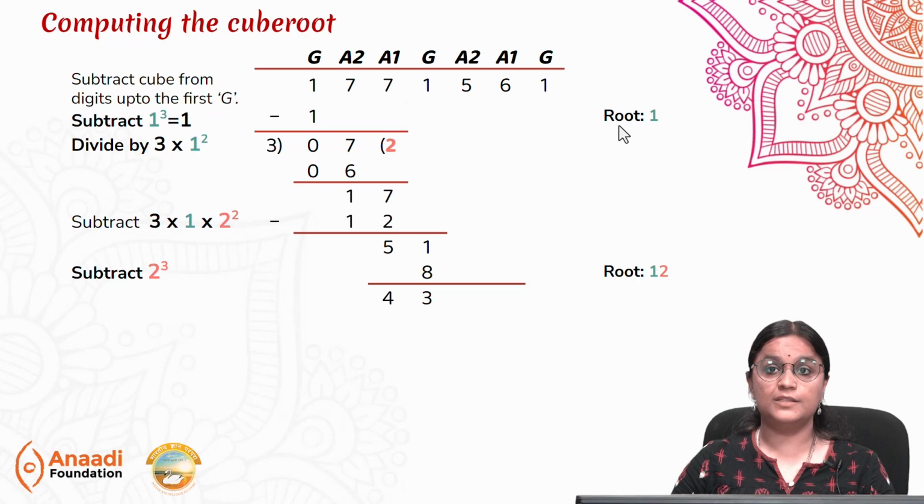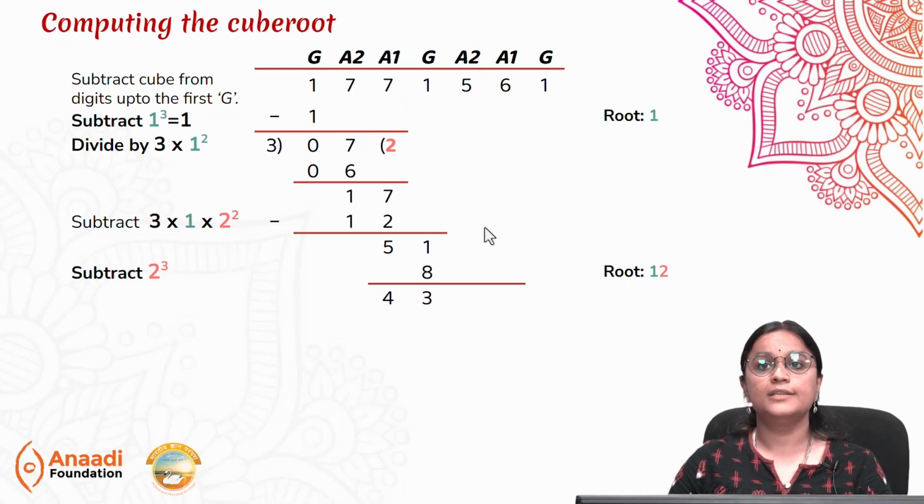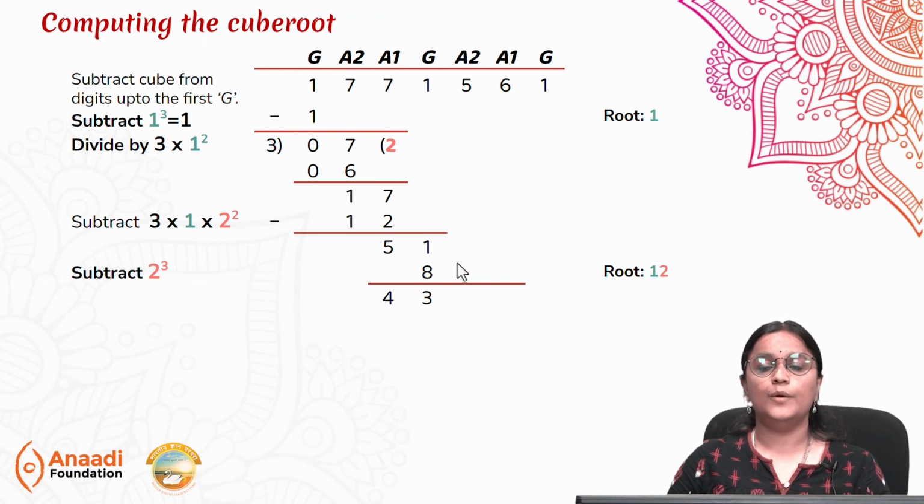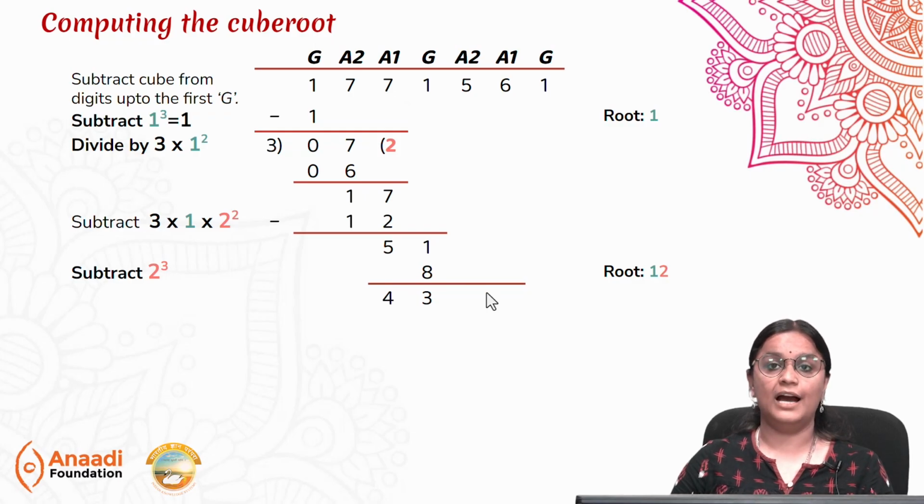Now, we must note that while in the first step here, we subtracted the greatest possible cube from the ghanasthana, subsequently in each step, we will subtract only the cube of the previous quotient we have. So, in this case, which is why we took 2 cube in the calculation, and we added 2 to the cube root here.